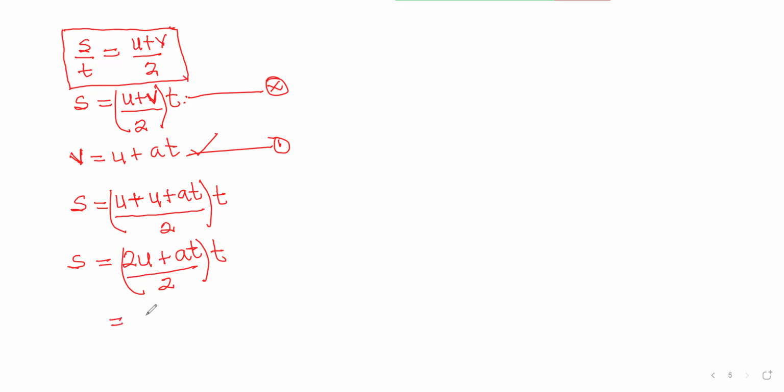Divide the numerator by the common denominator 2. So 2U divided by 2 plus AT divided by 2, whilst we have the T outside multiplying it. You see that 2 would cancel this.